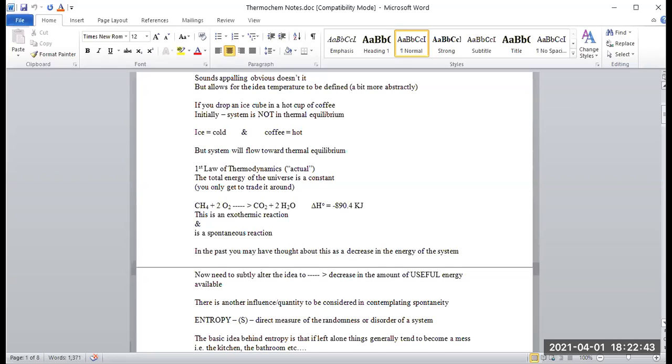Okay, so we're going to pick up next week talking about entropy, which is yet another thermodynamic idea that involves randomness or disorder.